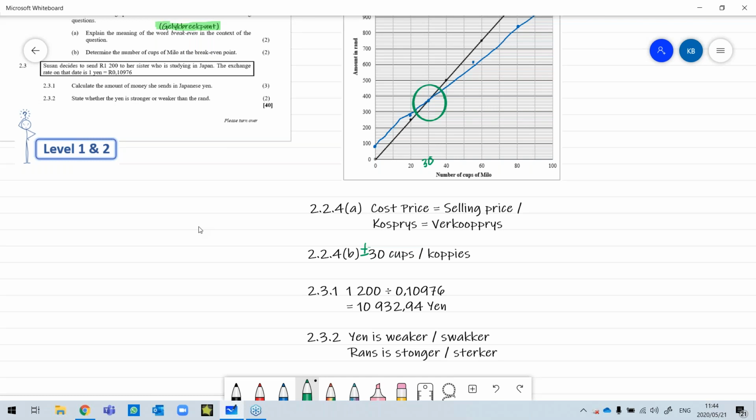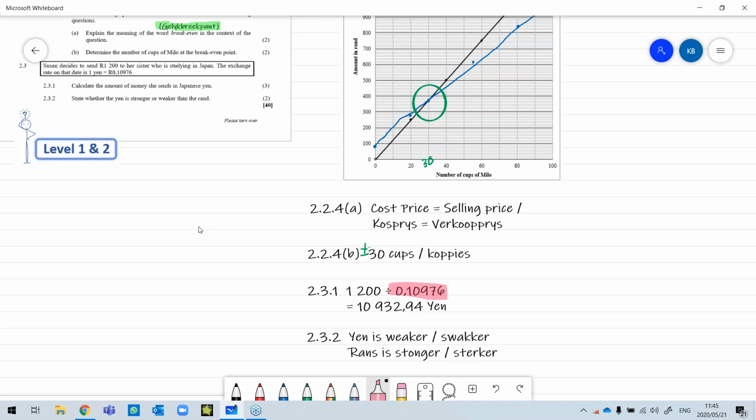So we are going to do that by taking the Rand that she has and then dividing that by the exchange rate, so that's that 0 Rand and decimal value. If you divide those two values, the Rand by the exchange rate, it's going to give you an answer of 10,932 yen and 94 cents.